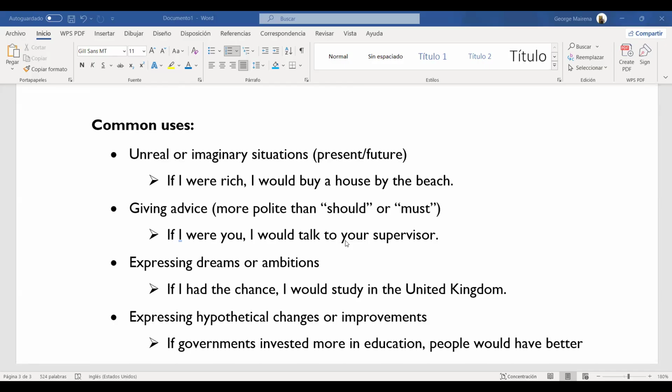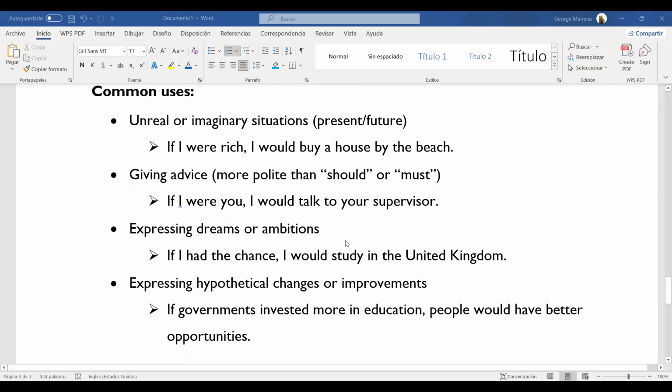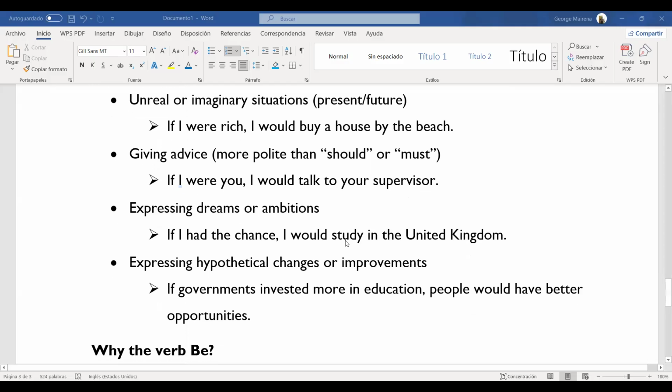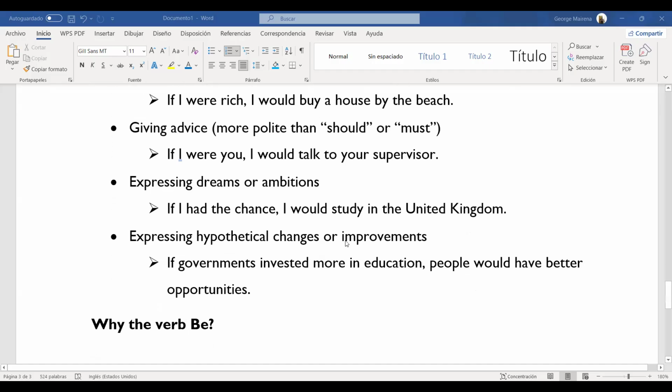Another usage is to express dreams or ambitions. For example, if I had a chance, I would study in the United Kingdom. And the last one is to express hypothetical changes or improvements, like if governments invested more in education, people would have better opportunities, right?